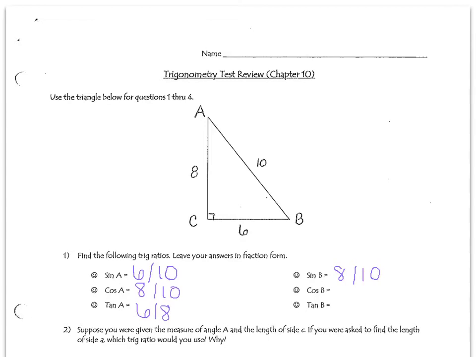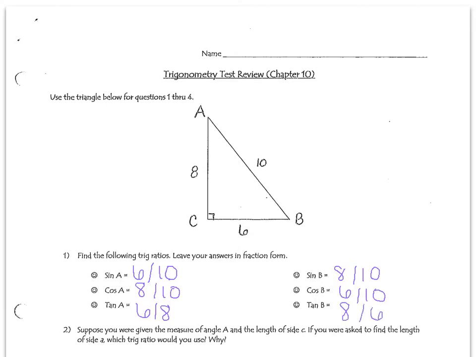Cosine of B would be the adjacent, which is the 6, over the hypotenuse, so this one would be 6 over 10. And then tangent of B, here's angle B. Tangent is opposite over adjacent, so this one would be 8 over 6.